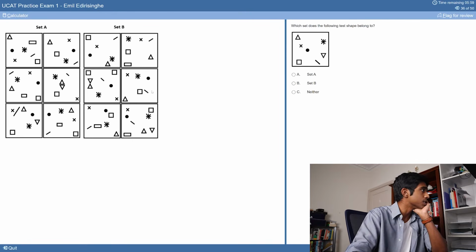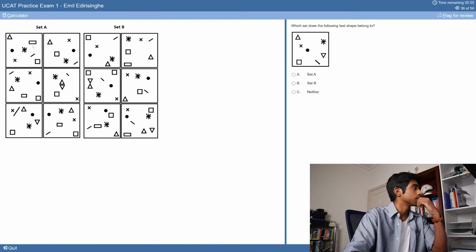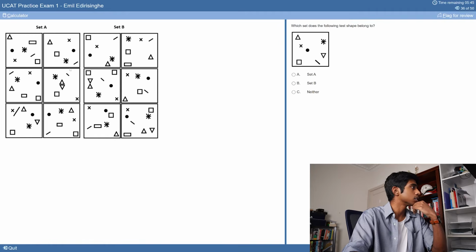Okay, so this one I'm thinking position straight away. So there's a triangle in every box. 1, 2, 3, 4, 5, 6, 7. 1, 2, 3, 4, 5, 6. So there isn't necessarily a rectangle in every box, but everything else is there.